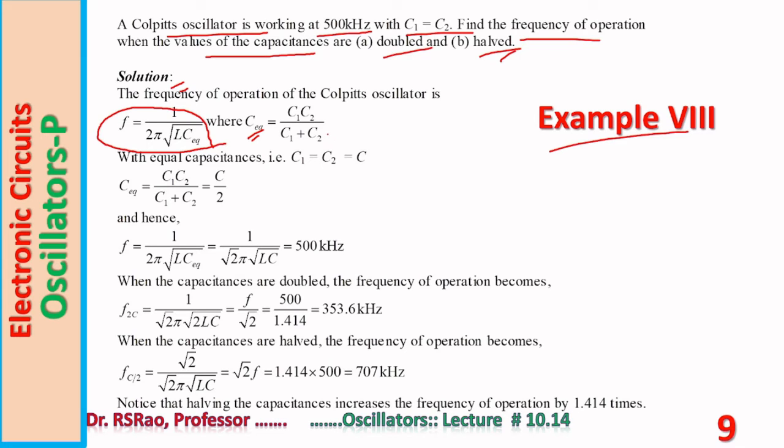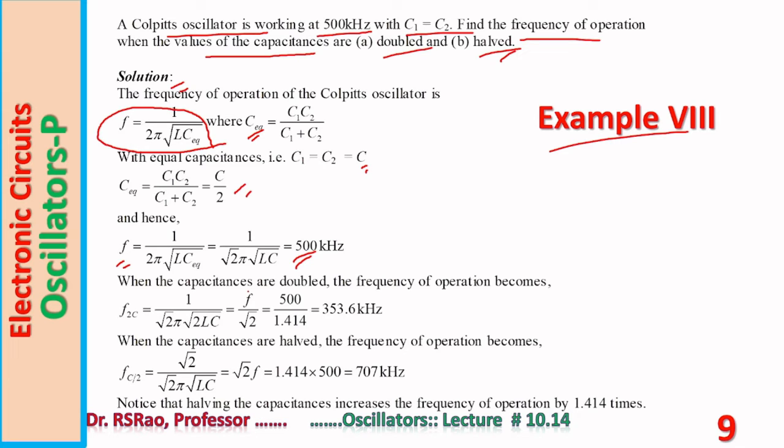When capacitances are same, C1 equal to C2, let us call this capacitances as simply C. C1 equal to C2 equal to C. So C equivalent becomes C by 2, hence frequency of operation becomes 1 by 2 pi root LC by 2. Substituting the given values, one can find frequency as 500 kilohertz.